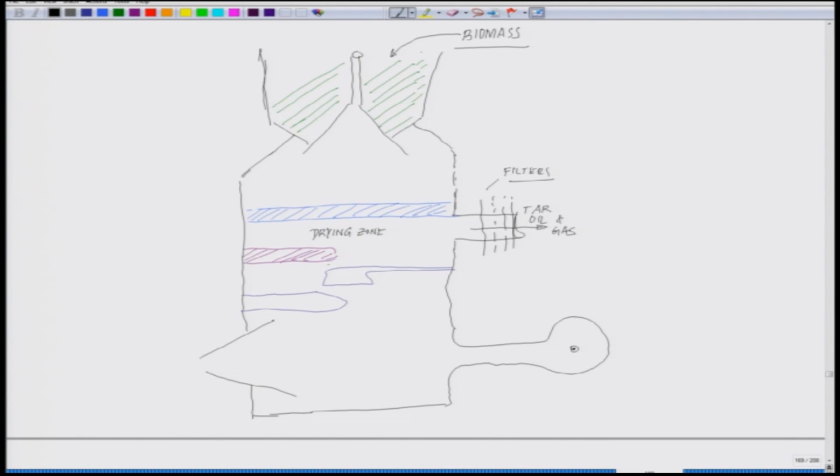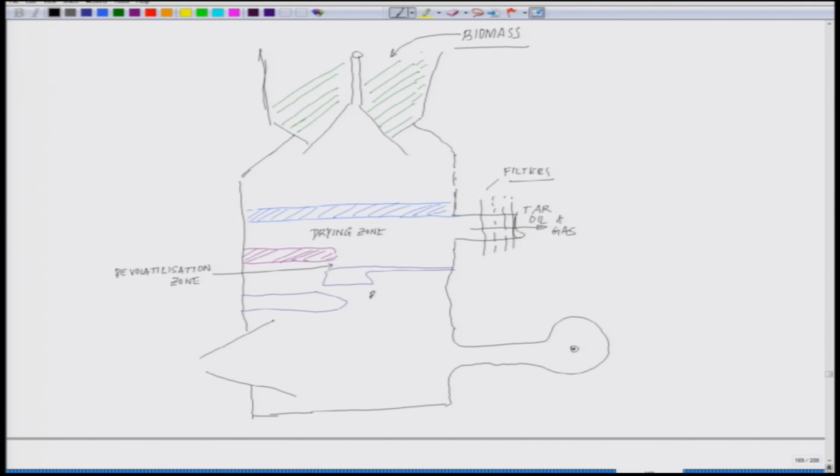This particular location is called the devolatilization zone.